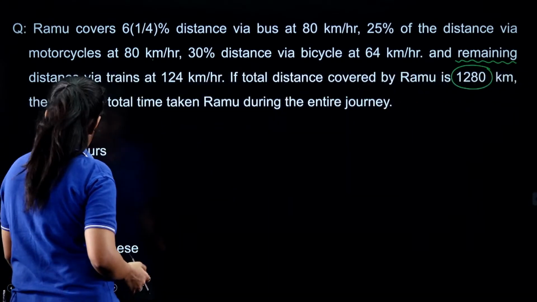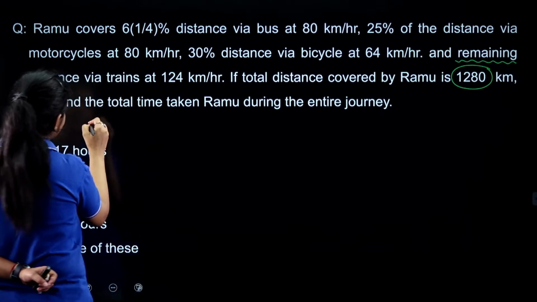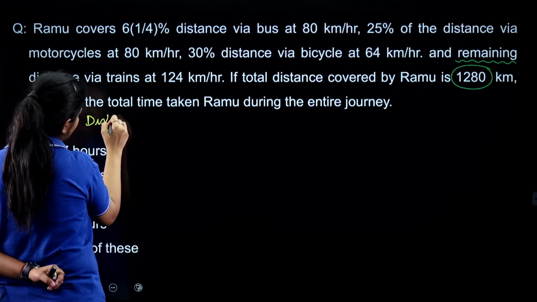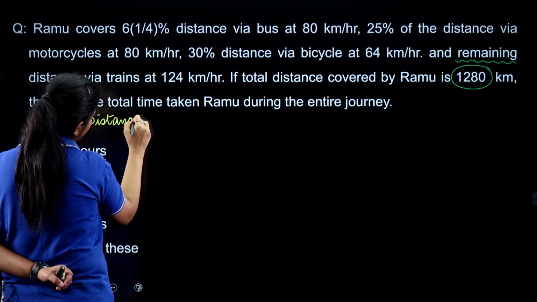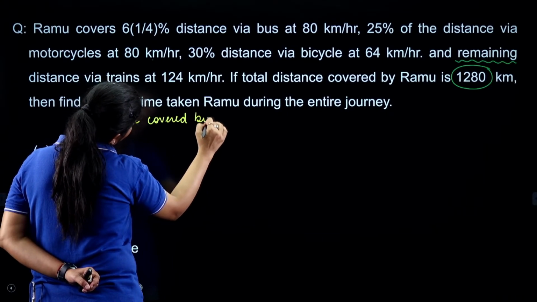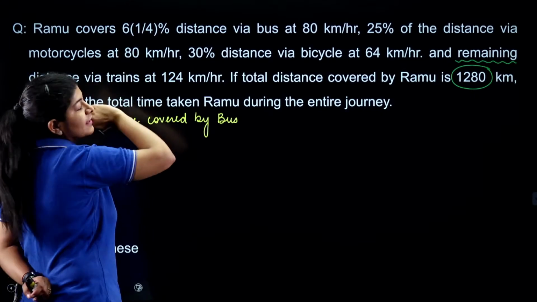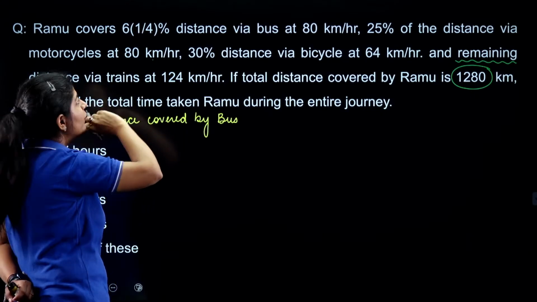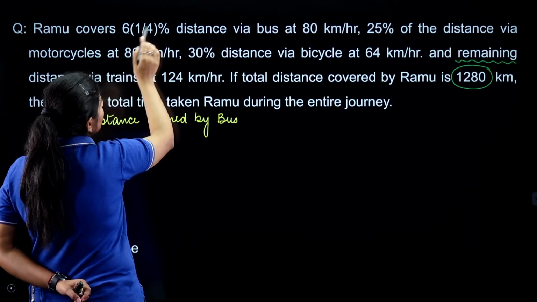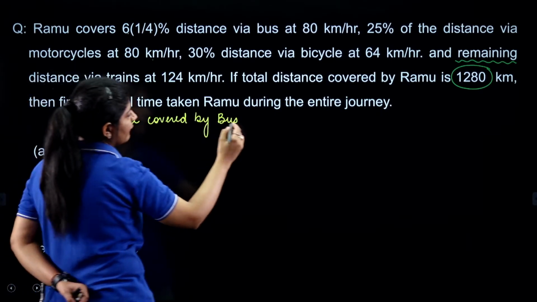So first we will calculate the distance covered by the bus. Initially it is given as 61 by 4 percent, which is nothing but 24 plus 1, that is 25.